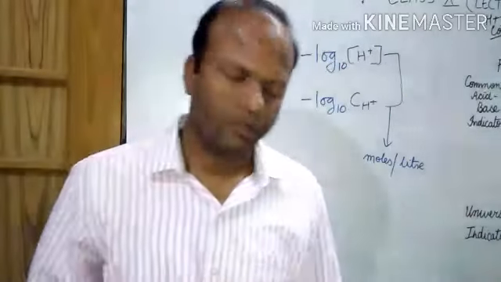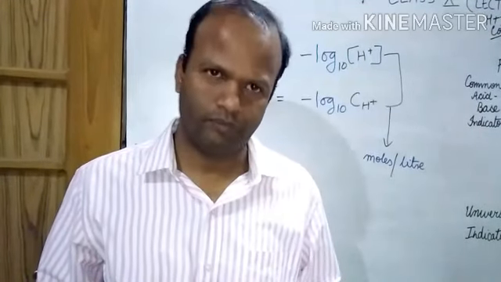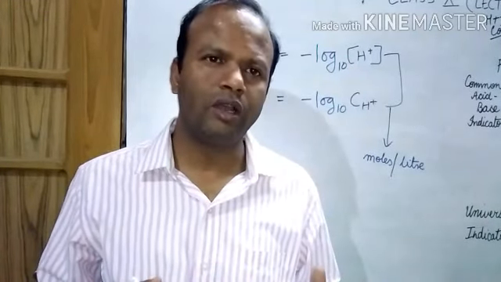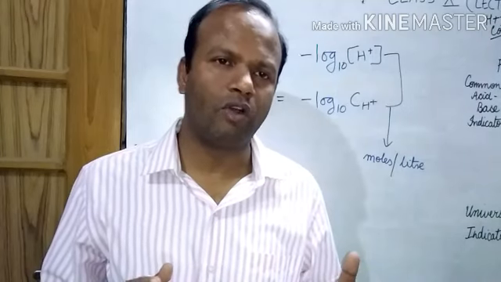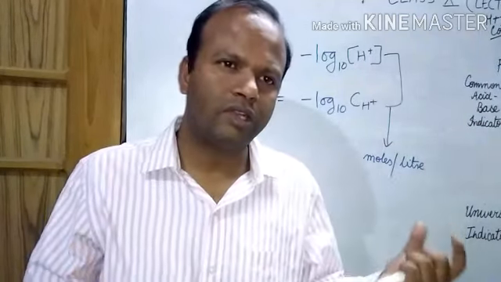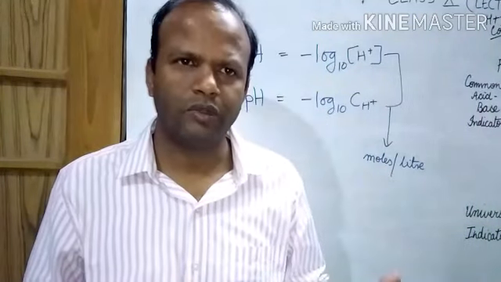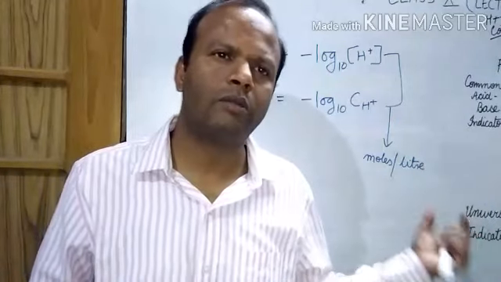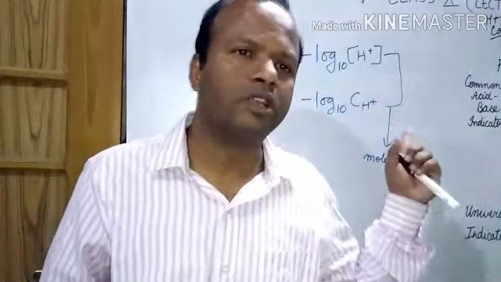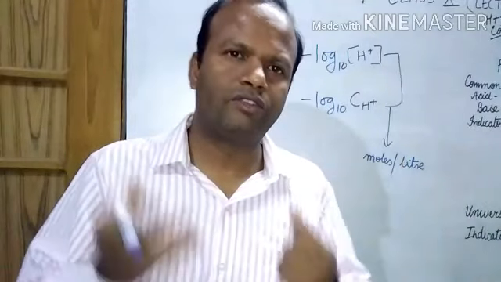A simple thing I would like to tell you: as you study density, mass per unit volume, in solids and in gases, similarly we have it in solutions. The density is here called the concentration, meaning the amount present per liter, moles per liter. So that is the concentration.